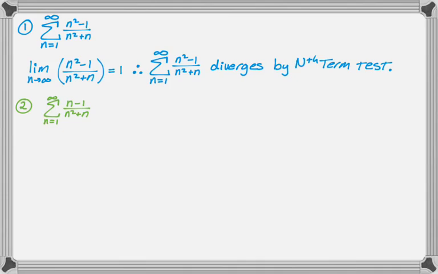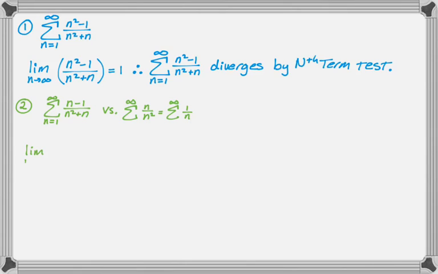So what I usually do is look at the dominant term. In the numerator, the dominant term is just n, and in the denominator, the dominant term is n squared. So I'm going to look at what this does in comparison to n over n squared, which is just 1 over n. So I'm going to try the limit comparison test and see what happens.